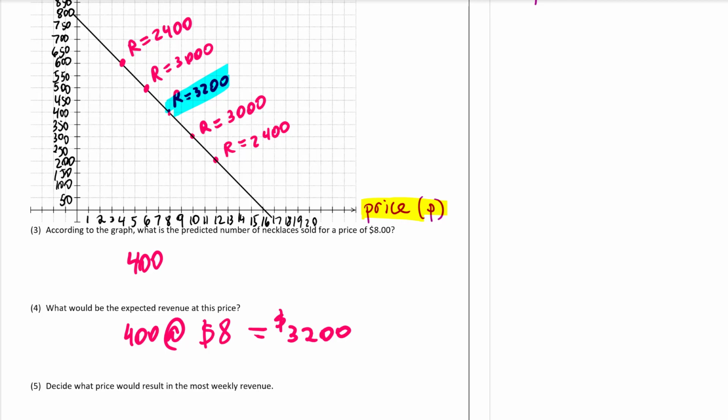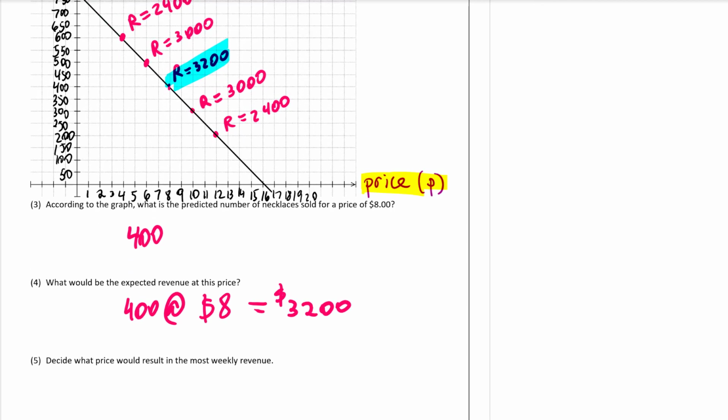So one thing just to keep in mind before we finish this part of the problem situation. So 3,200 gives you the most money, but what you also have to consider is that you're selling it for $8. So you would need to know how much it costs you to make those necklaces.